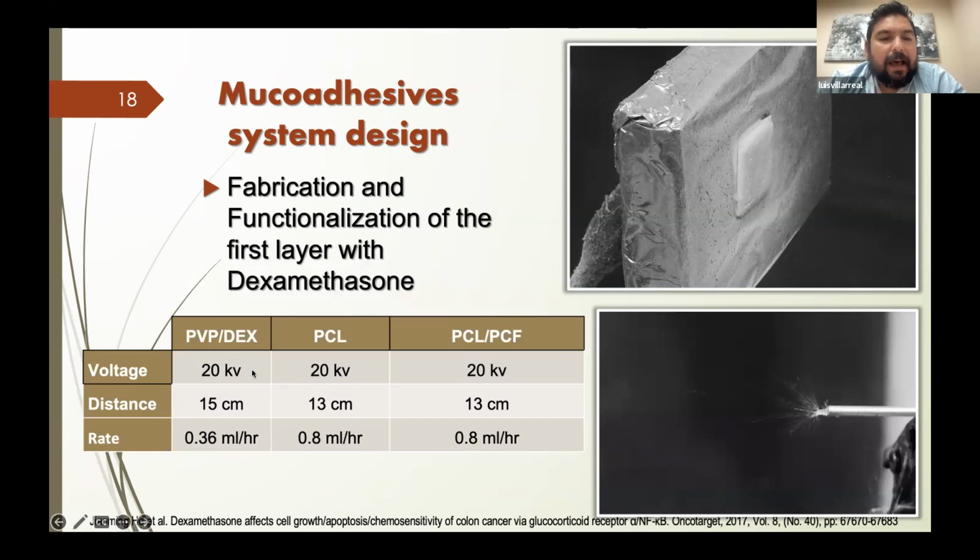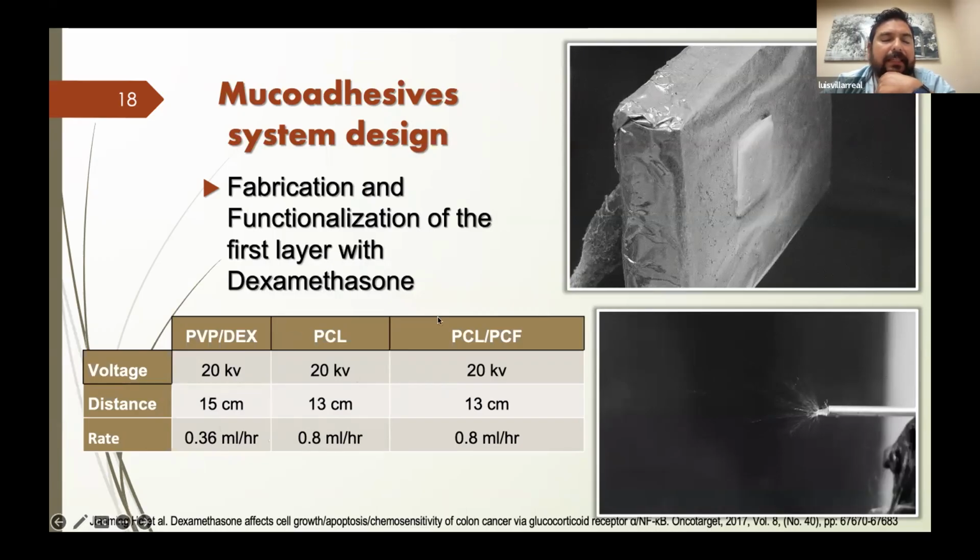These are the electrospinning conditions. We use 20 kilovolts to create the electric force. We use a distance between 30 and 50 centimeters, and a rate of 0.3 to 0.8 milliliters per hour.